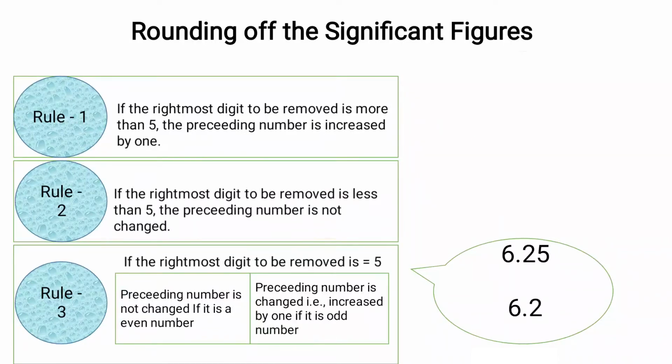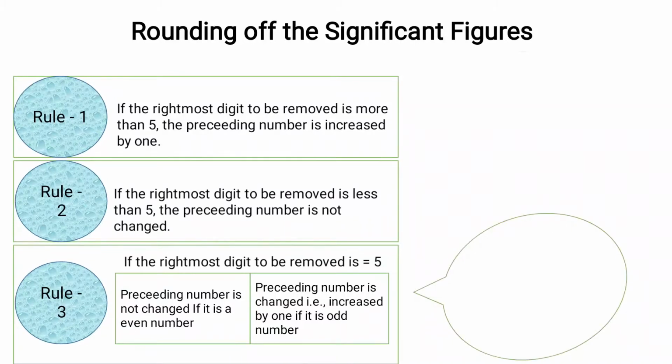Going to the second possibility. What happens if the rightmost digit to be removed is equal to 5 and the preceding number is odd? Let us see what will happen. The example over here is 6.35. Here the rightmost digit to be removed is equal to 5. Now look at the preceding number, which is an odd number. 3 is an odd number.